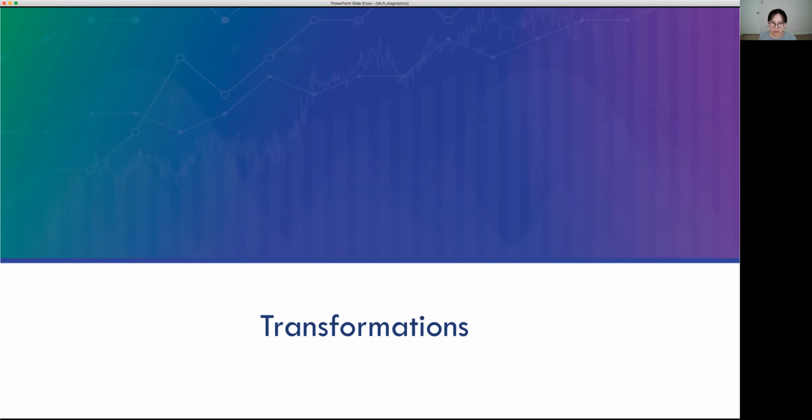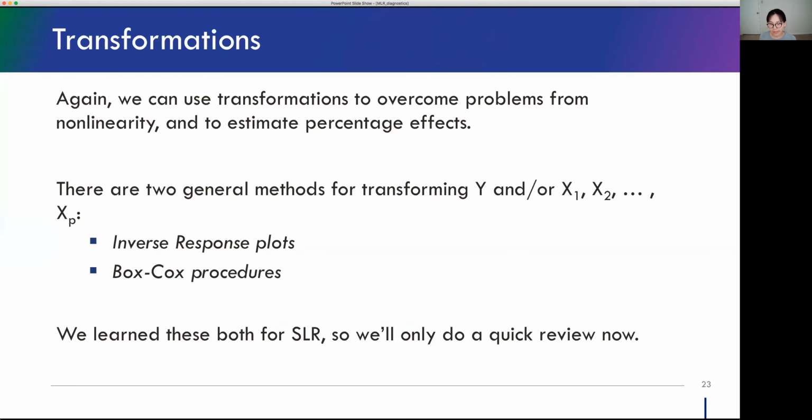When we find that there is something wrong by looking at the residual plots, or when we figure out it's not really a linear model, we will do some transformations to help us get it to linear.